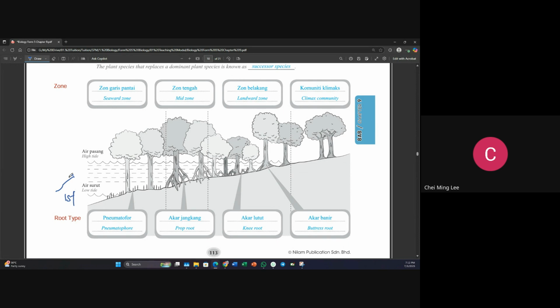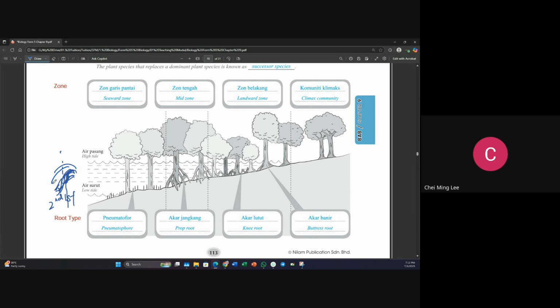After some time, it will grab more and more land, correct? Now it becomes higher. This one shifts from pioneer to mid zone. Now this one becomes very high, so this becomes the new seaward zone. So the second seaward zone comes in. Then this one is now mid zone.